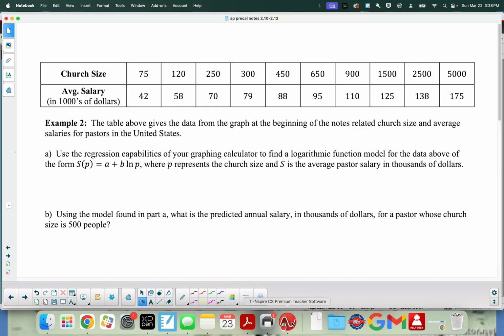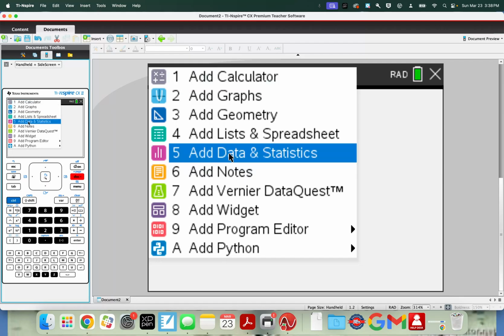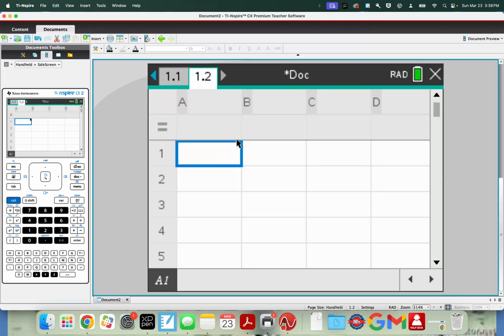So let's go ahead and type these numbers in. I need another page, and it needs to be a list and spreadsheet page. All right, so 75 and 120.